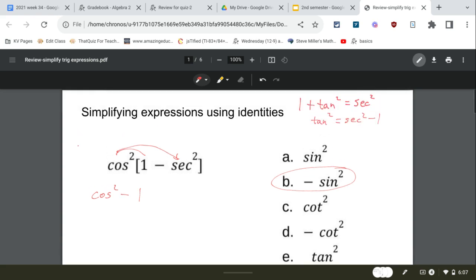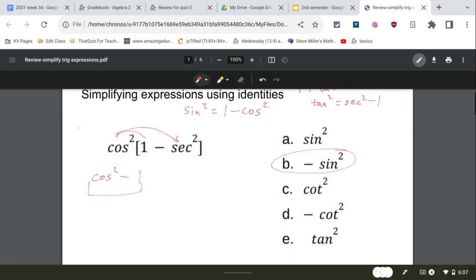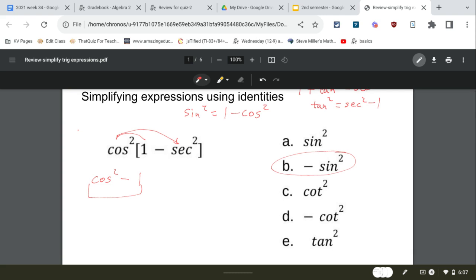And then you could use the old sine squared is equal to 1 minus cosine squared identity to change this around. Okay, 1 minus cosine squared is regular sine squared. So this piece turns into negative sine squared. Okay.